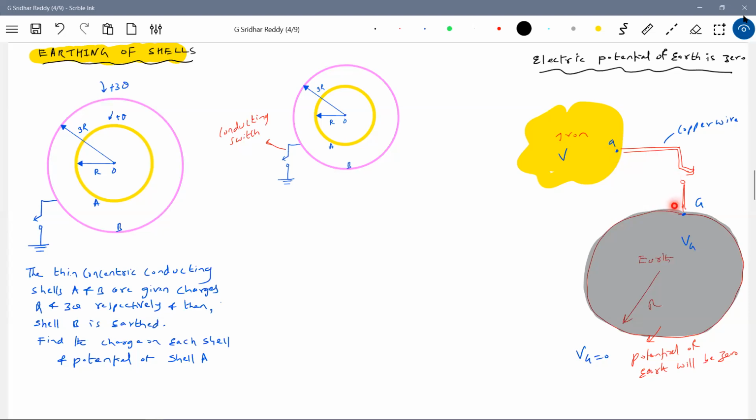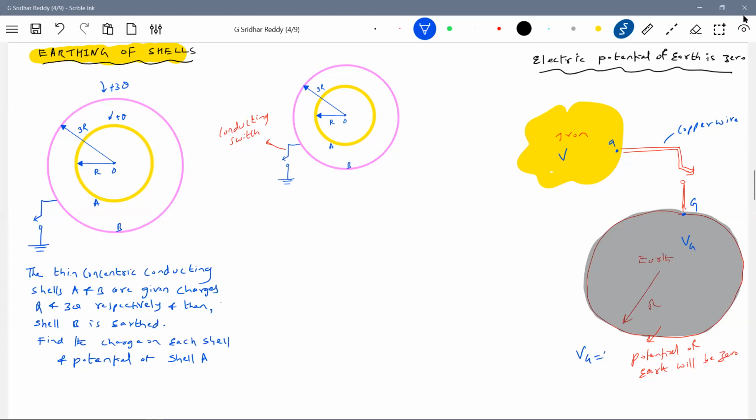So how to make the potential of this iron body equal to 0? Just connect a copper wire between the iron body and the Earth. Then its potential will become 0. A conductor is an equipotential. On closing the switch, the potential of A will become equal to G. The potential of the ground, or Earth, is 0.